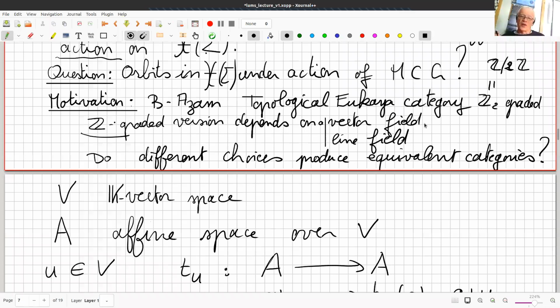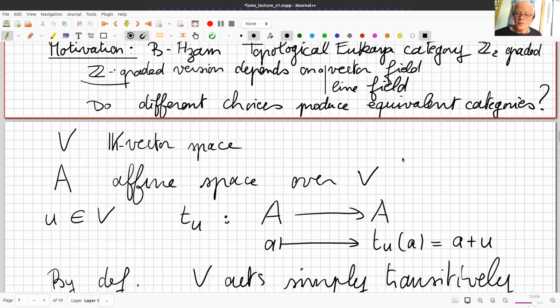It's just a motivation, to say that the question I will answer here will be useful in subsequent work about these Fukaya categories we are doing with Haniya. It's not the purpose to develop this here. I just say that in this setting, understanding orbits in Xi of sigma is something useful.